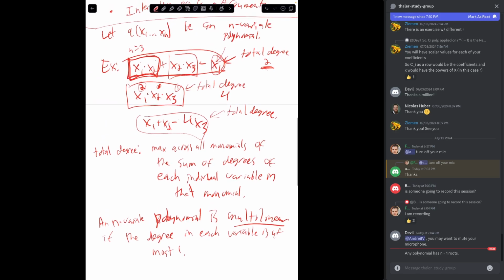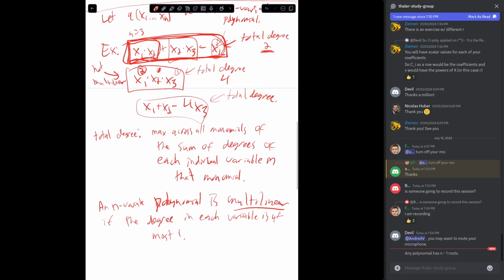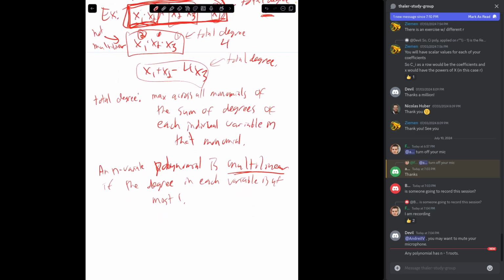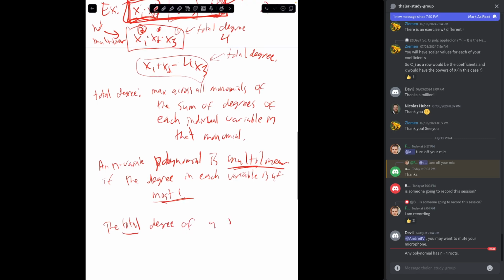So this example is multilinear because no individual variable has an exponent larger than 1. But this would not be multilinear because x1 has an exponent of 2 here, which is bigger than 1. So multilinear is referring to degree at most 1 in each variable, but the total degree of a multilinear polynomial, if it's in n variables, can be up to n. So the total degree of an n-variate multilinear polynomial can be up to n.